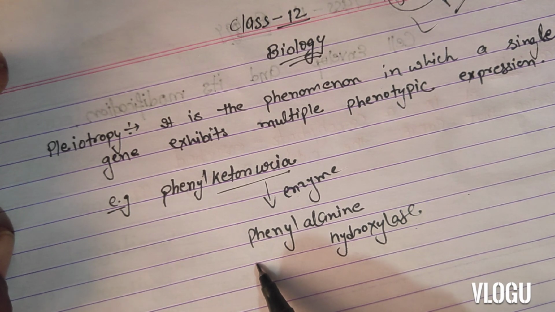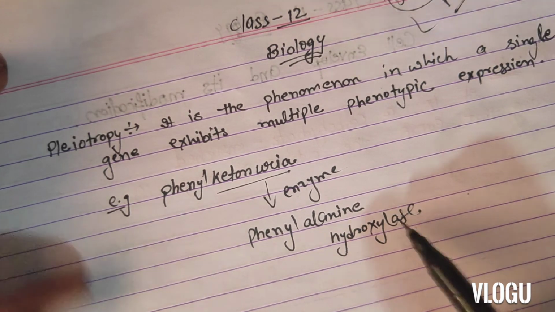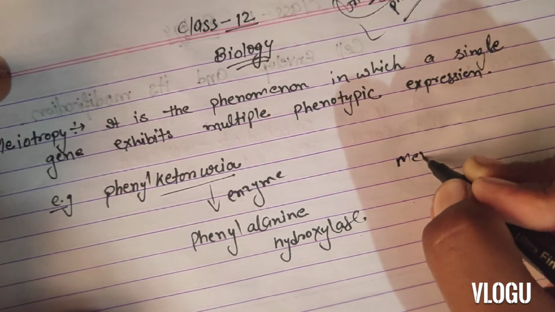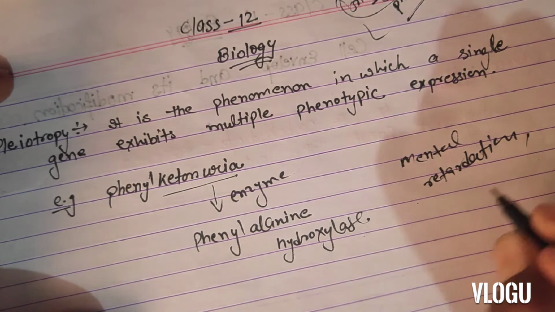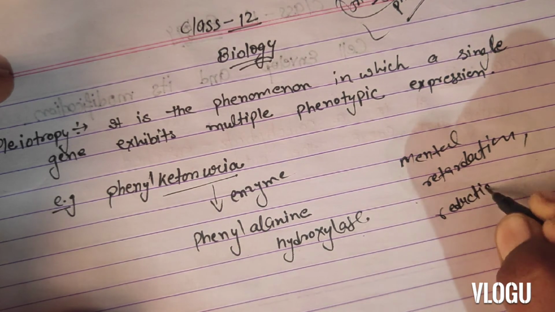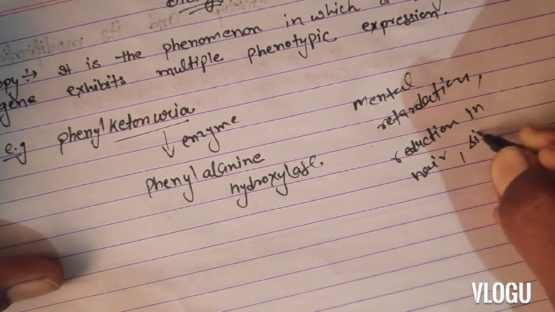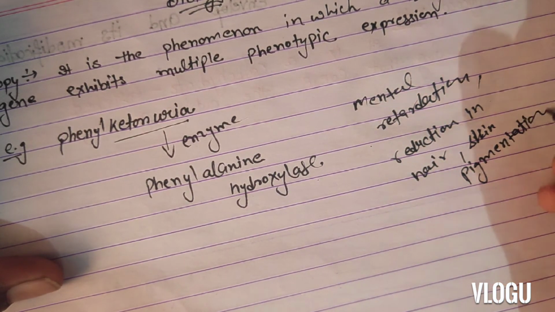So the affected individuals, now you can see the enzyme is not formed, will show different phenotypes: mental retardation, as well as reduction in hair and skin pigmentation, meaning reduction in the skin pigmentation.